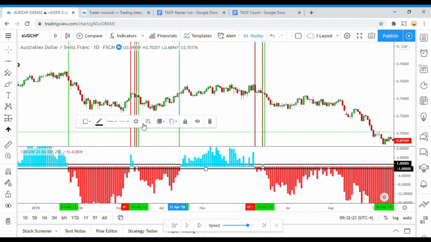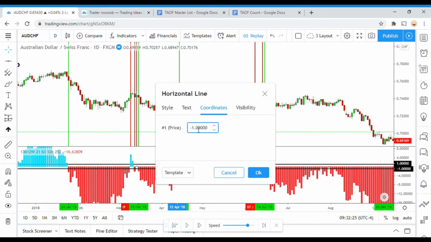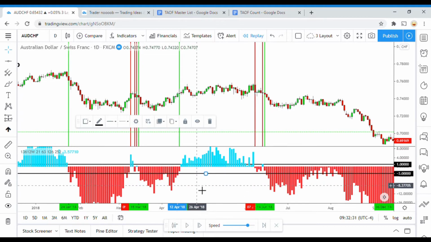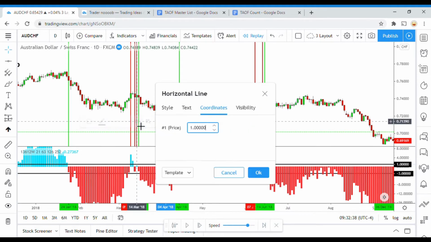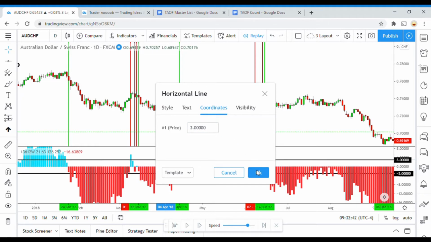Or you could even bring this down farther to say the 3 line, so that way it really has to make a move for the signal to be triggered.